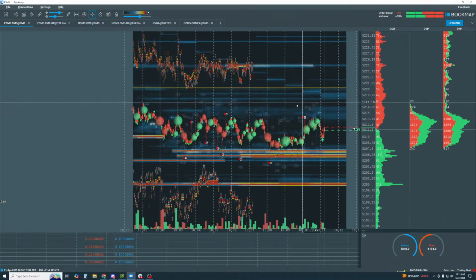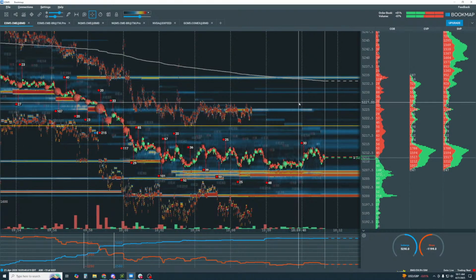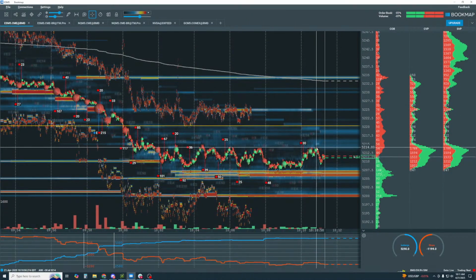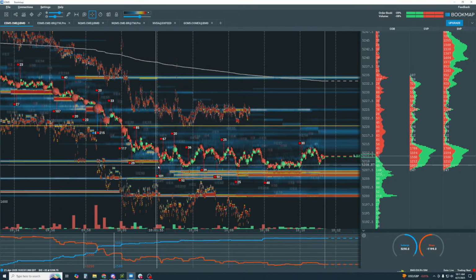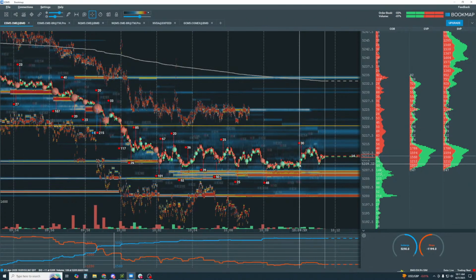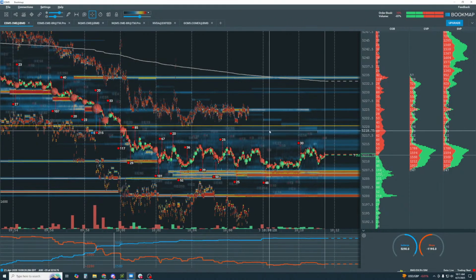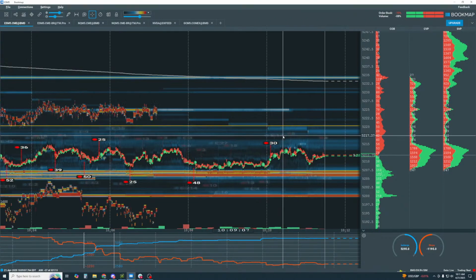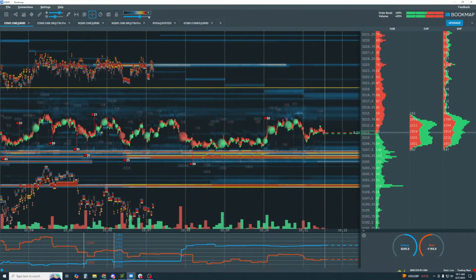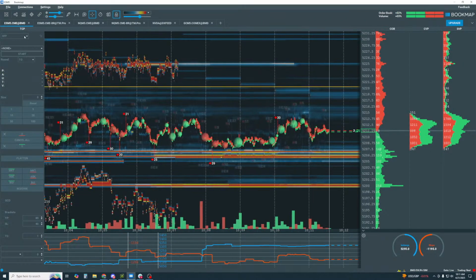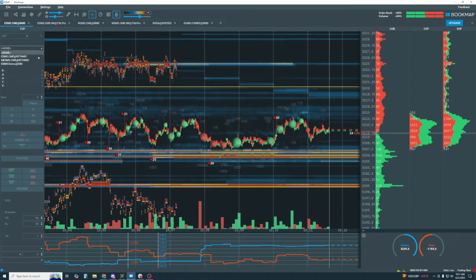Now there's a few different things to consider here for reversal. First is the shift from passive buying to aggressive buying, which we don't see yet. Right now we may, but we don't yet. In fact, I'm just going to go over this here.